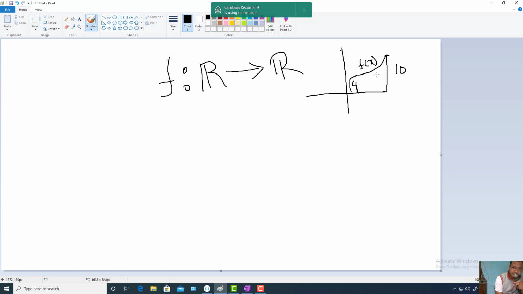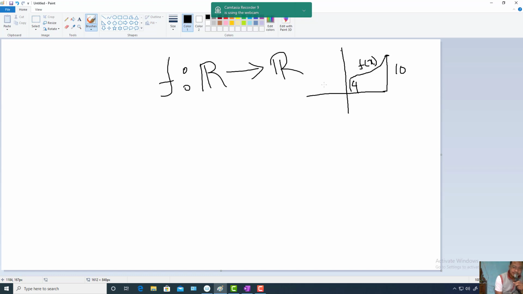Between 4 and 10 there are infinitely many values of the function, but the function is finite, meaning it is not going to infinity. It doesn't take minus infinity or plus infinity. Such a function we call a finite function.